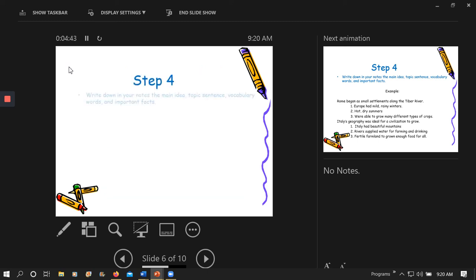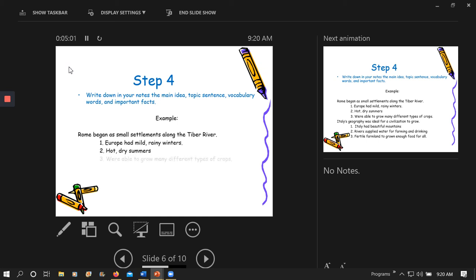Step 4. Write down in your notes the main idea, topic sentence, vocabulary words, and important facts. So it would look like this. Rome began as a small settlement along the Tiber River. Europe had mild, rainy winters, hot, dry summers. Were able to grow many different types of crops.